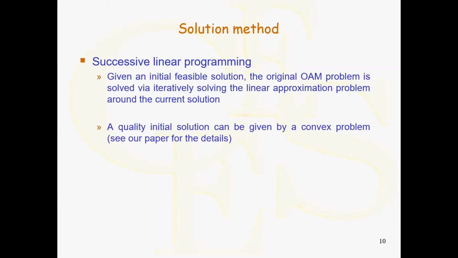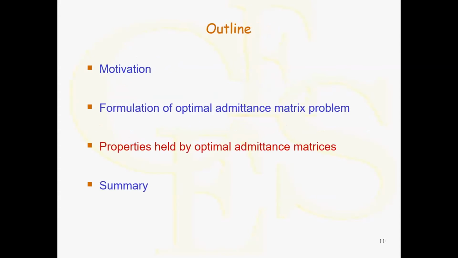Due to time limit, the details will be omitted here, and you can refer to our papers for them. From the numerical experiments, we discovered two interesting rules held by the optimal admittance matrix given by the proposed optimization problem. Now let's look into them.